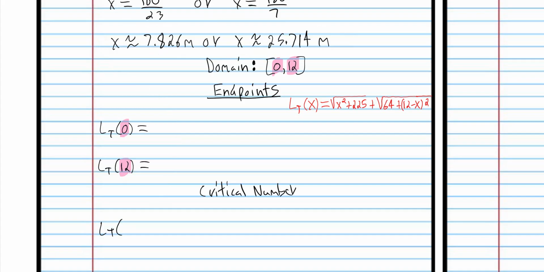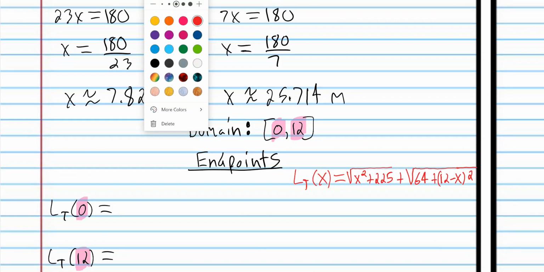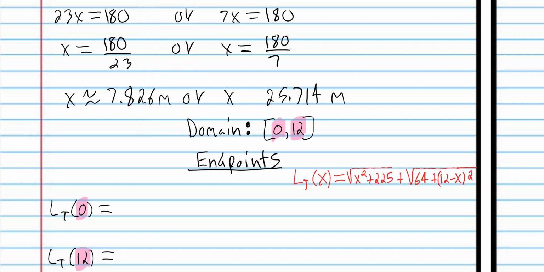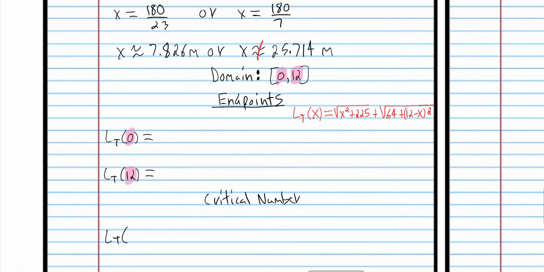We have two critical numbers, but one of them is not in the domain. So we need to cross that out. It's not in this domain here.